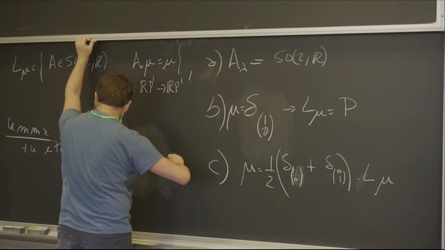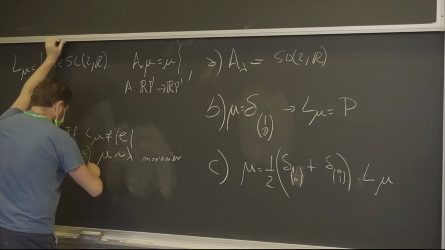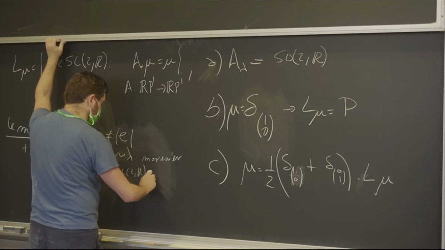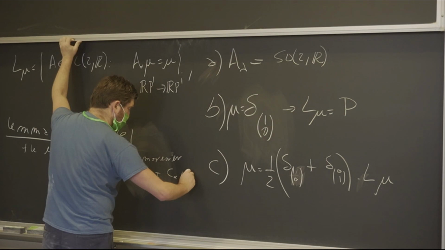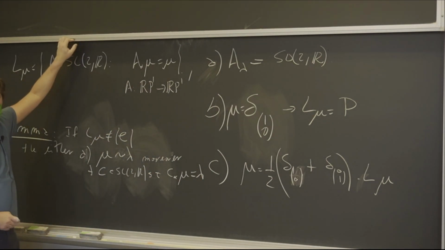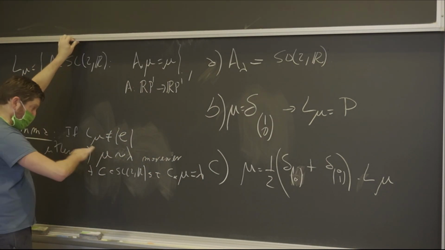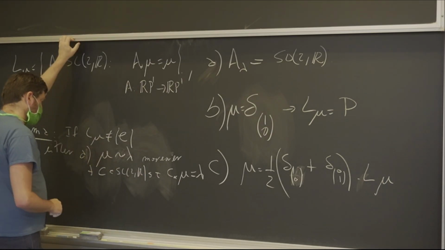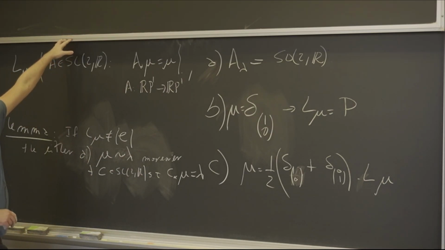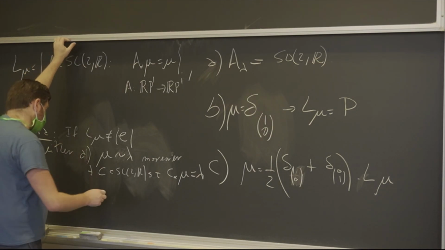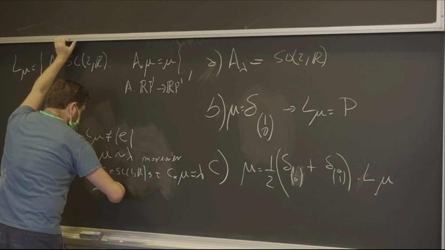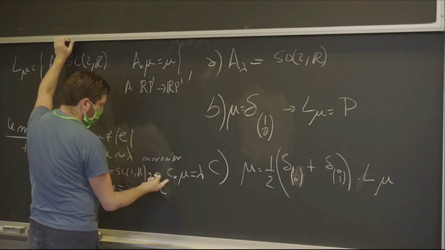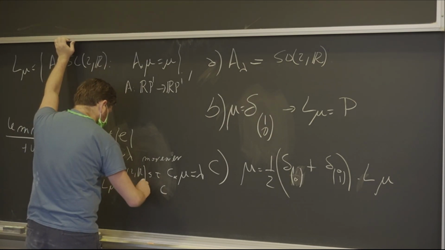Moreover, there exists Z in SL2(R) such that C star mu is lambda, so is equivalent to Lebesgue, via this Radon-Nikodym derivative of pushing by C, and in this case L mu is essentially, I guess the C should be here, maybe should be the other way, doesn't really matter.